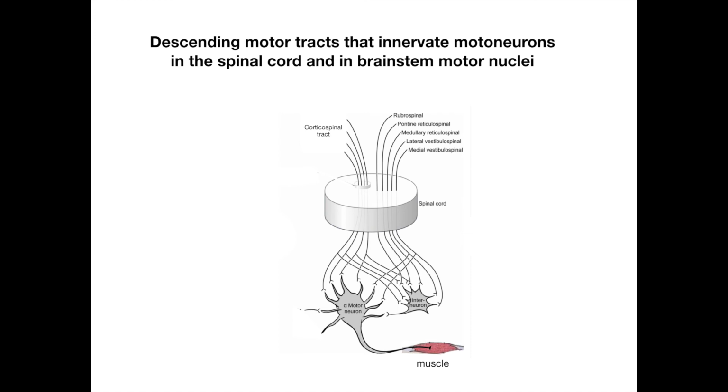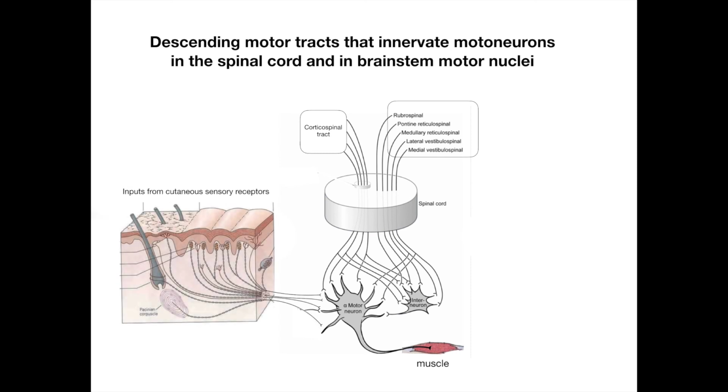The massive innervation imparted by the descending pathways is shown, at least in part, in this slide. The large influence of the corticospinal tract on both motor neurons and interneurons is indicated, as are the influences of the other descending motor pathways. But these are not the only innervations the cord receives.